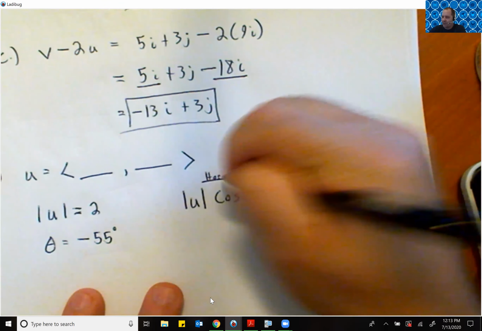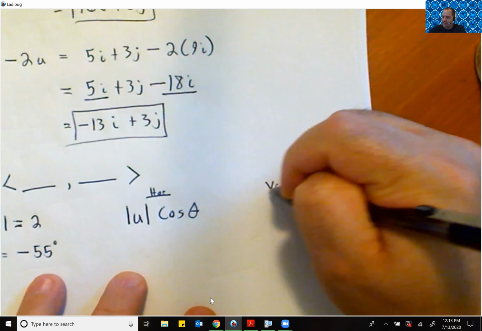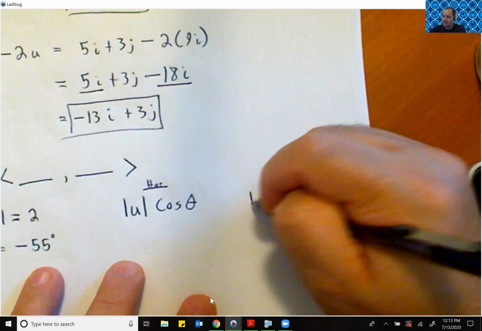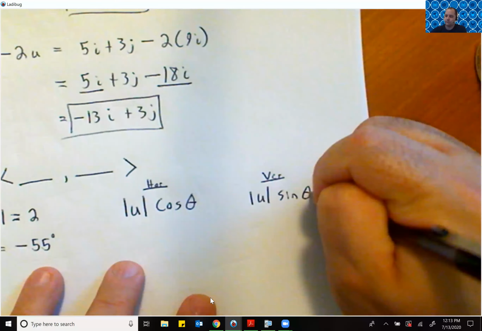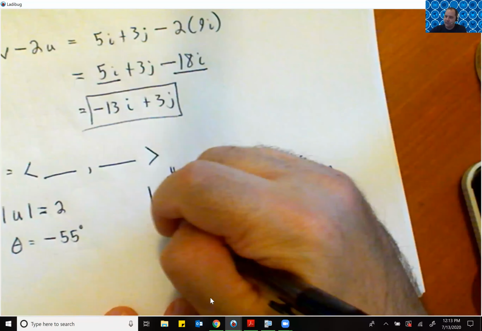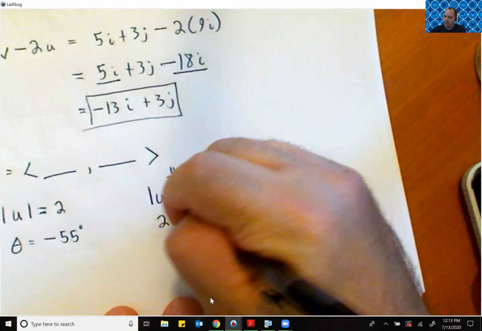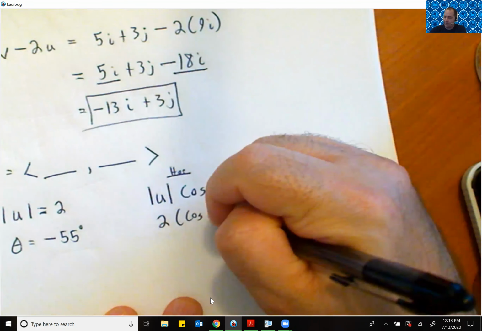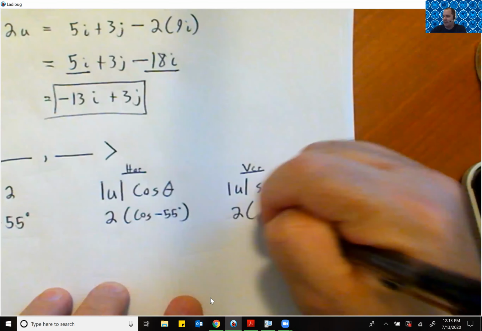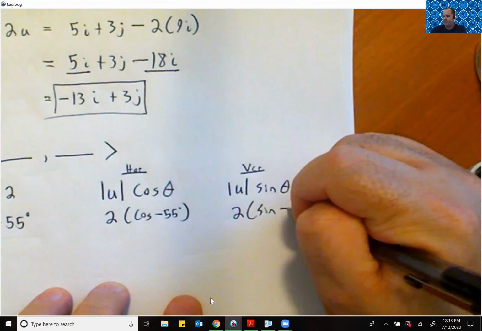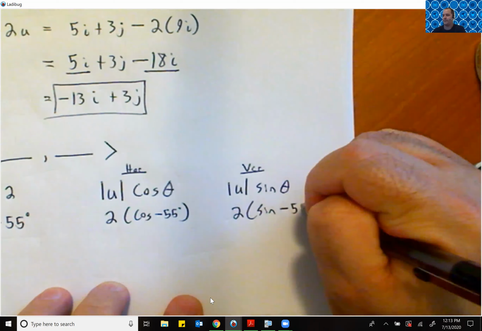In order to find the vertical, you're going to take the magnitude times sine theta. So in other words, we're taking 2 times cosine negative 55 degrees. And we're going to take 2 times sine negative 55 degrees.